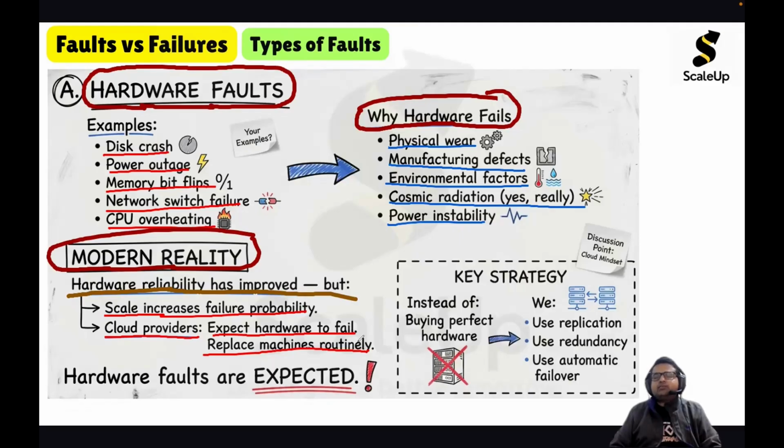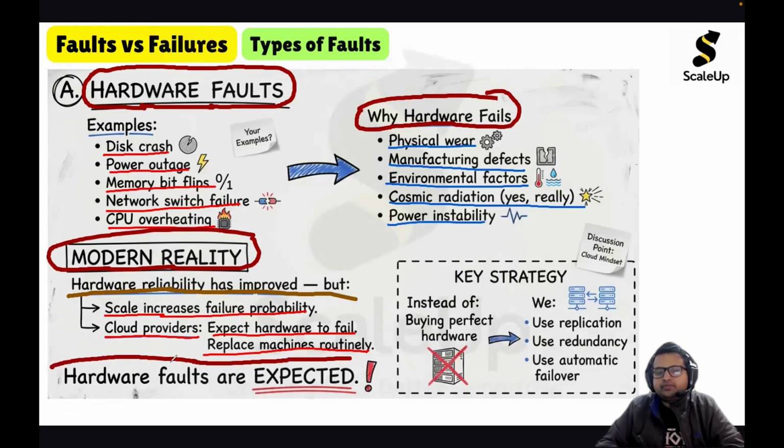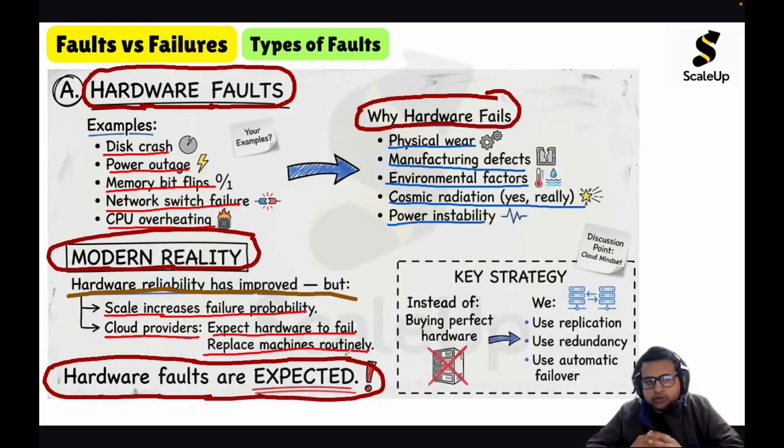Modern reality is also cloud computing, wherein web applications are cloud native in nature and deployed on the cloud. So hardware faults are expected. You should always assume hardware faults in your system design and consider them to be normal.